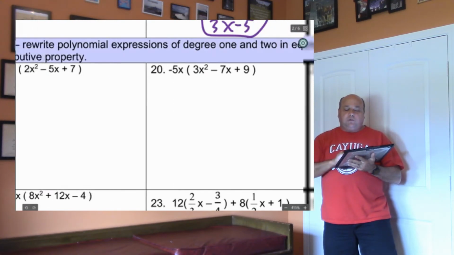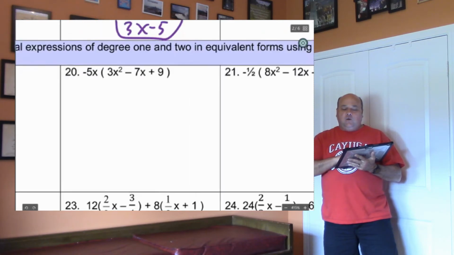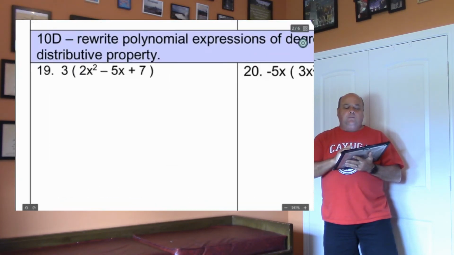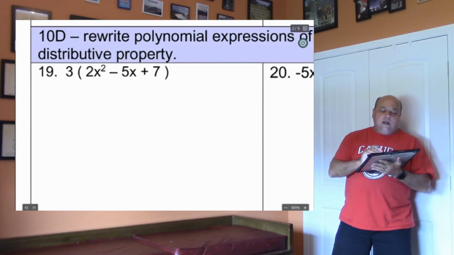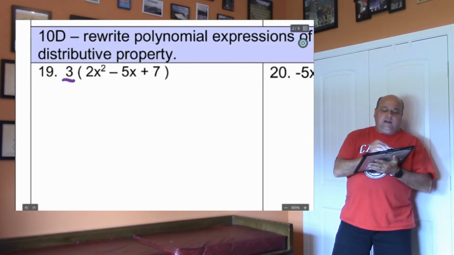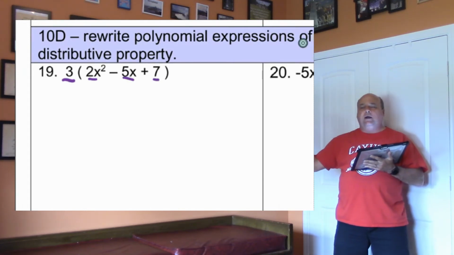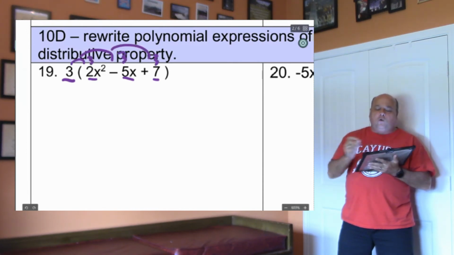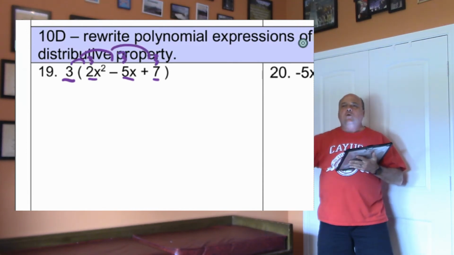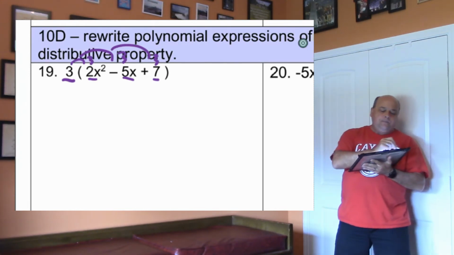Rewrite polynomial expressions of degree 1 and degree 2 in equivalent forms using the distributive property. This is the bluebell truck. So number 19, the 3 is my bluebell truck, and these are my stores. Everything in the parentheses gets the bluebell truck. So I'm going to take the bluebell truck and drive it to every store and then multiply. When you multiply, you do sign, number, letter, exponent.